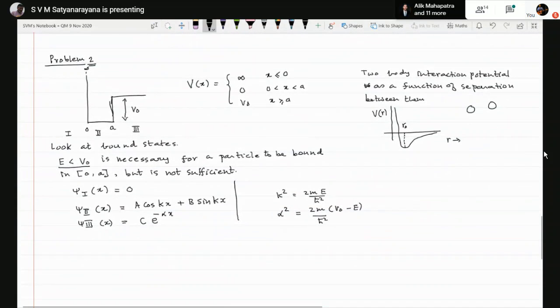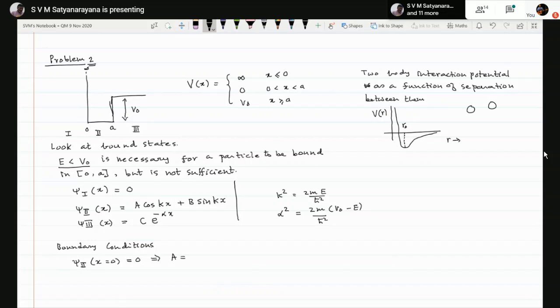Now the boundary conditions. The business is the same. So psi 2 at x equal to 0 is 0. That implies I must make A equal to 0, because if A is not equal to 0, then psi 2 at x equal to 0 is not 0.